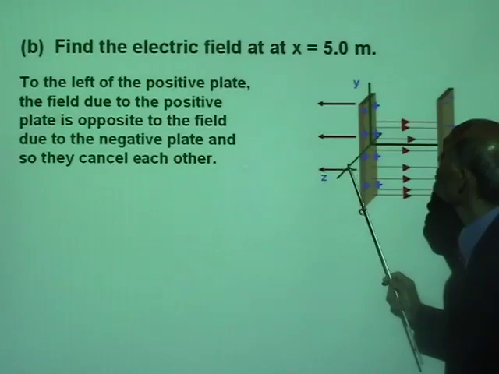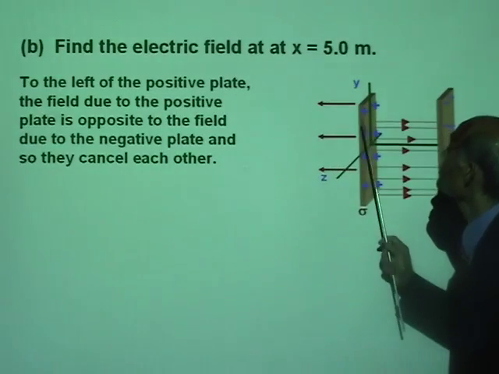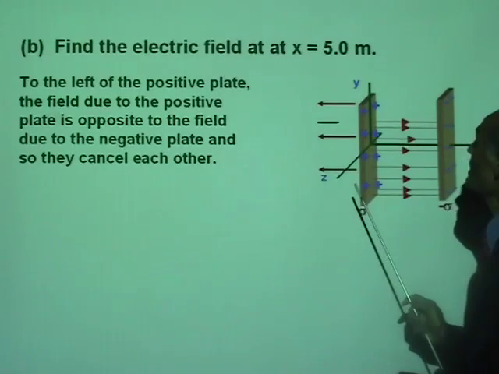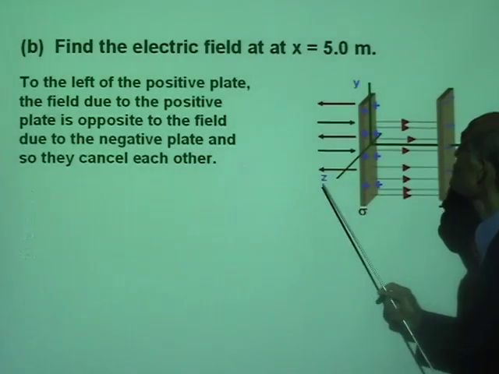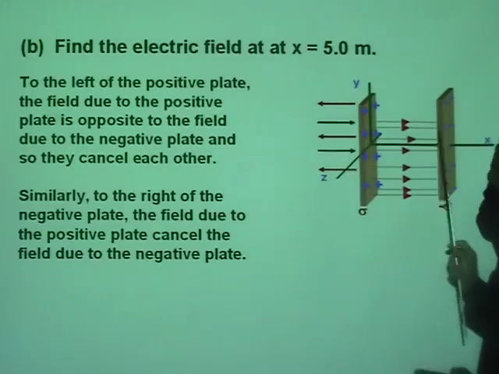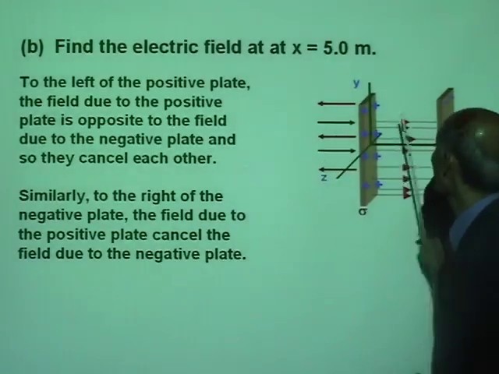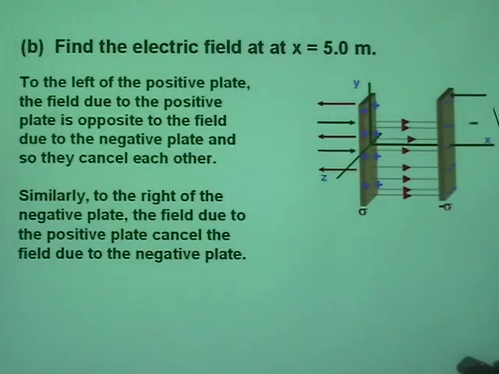Suppose these red lines indicate the field produced at any point outside due to the positive charge, and the green lines indicate the field due to the negative. They cancel each other. That means on both sides. Now come on the right side.